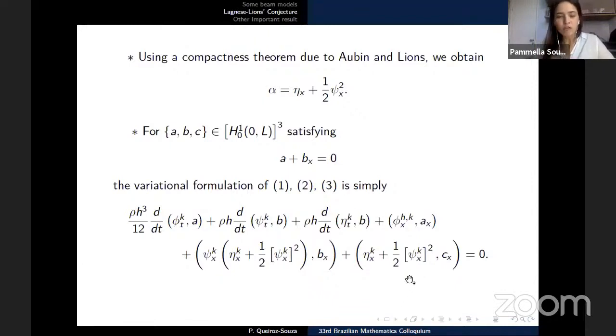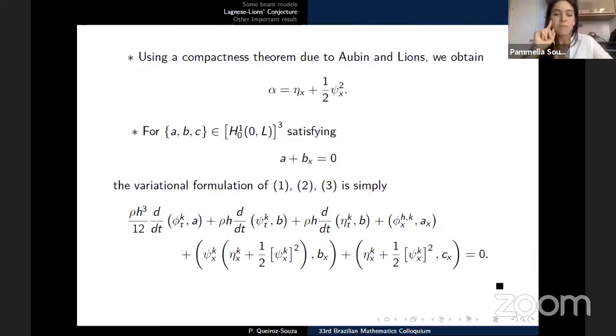And here, if we pass to the limit as k goes to infinity, we obtain the variational formulation for the von Karman system. And with this, it's possible to guarantee that the conjecture made by Lagnese-Lions is true.